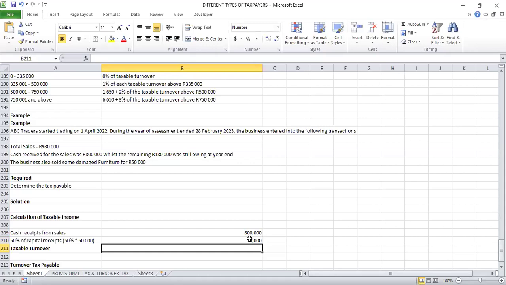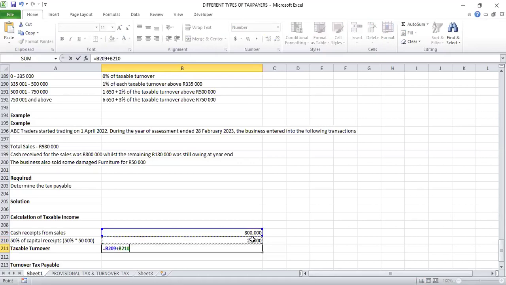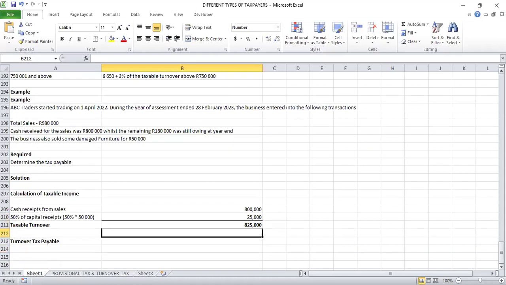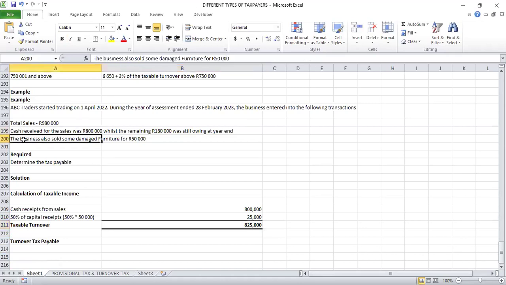So the taxable turnover would be 800,000 plus 25,000, which is 825,000. So the tax will be paid on 825,000. That is the cash received plus 50% of capital received.